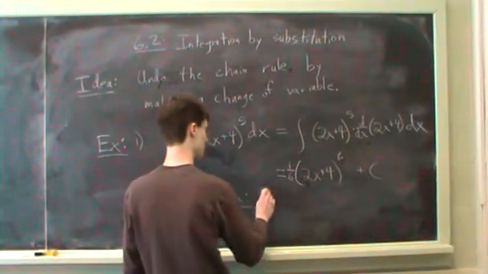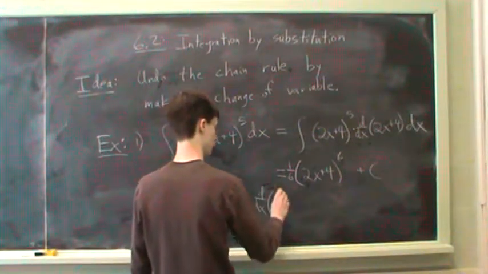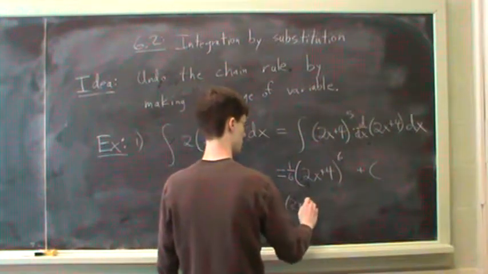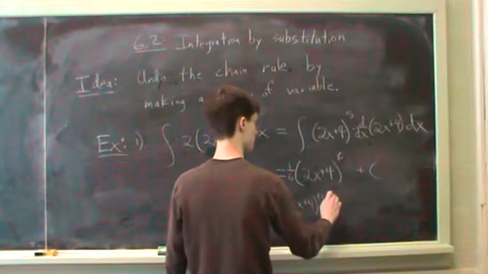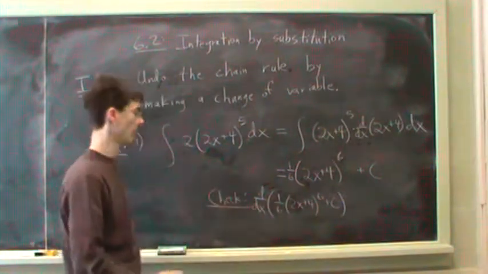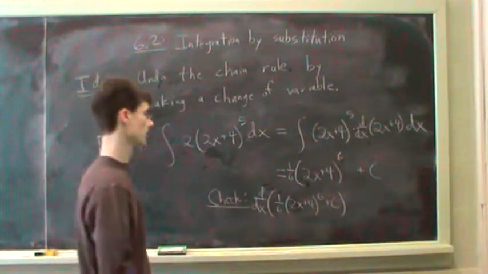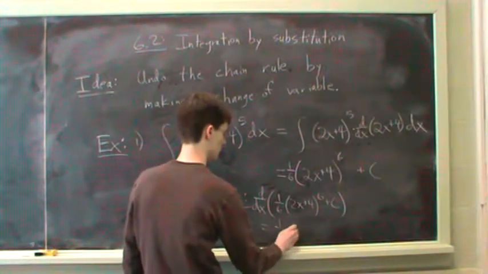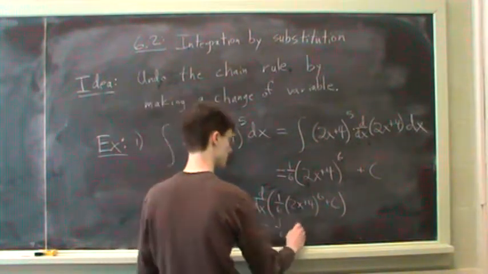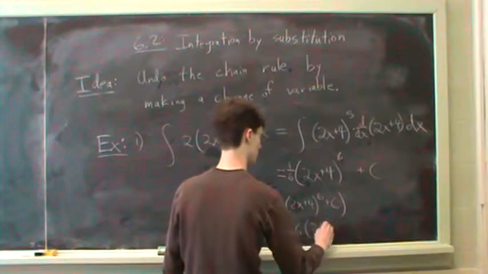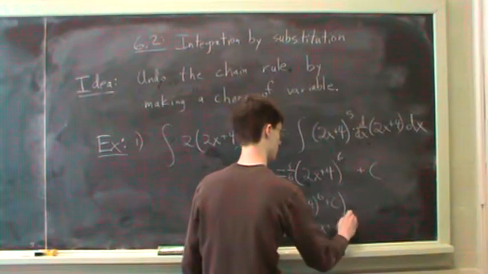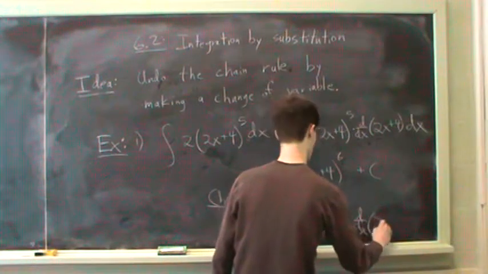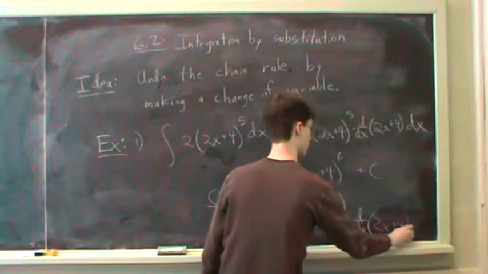So if we differentiate 1/6 times 2x plus 4 raised to the 6th power plus c, then we'll get 1/6 times the 6, which comes down from the exponent, times 2x plus 4 raised to the 5th, times the derivative of the inside, 2x plus 4.